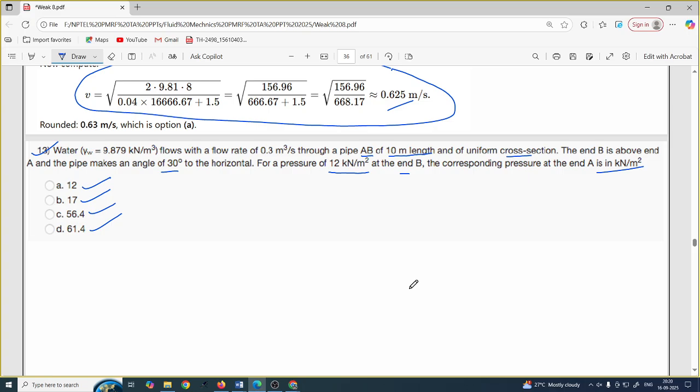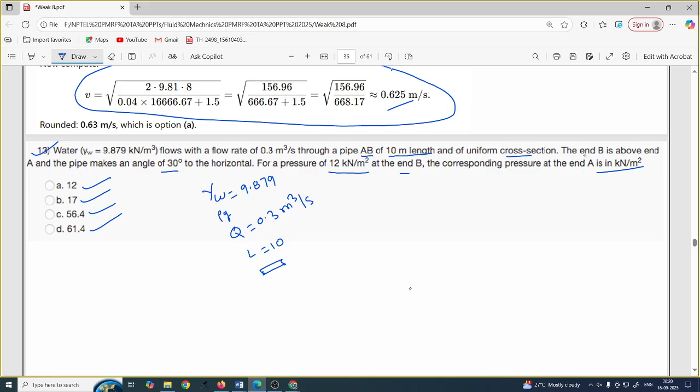So let us discuss. You have gamma w as 9.879, which is nothing but rho into g. Flow rate means the discharge is 0.3 meter cube per second, and you have one pipe AB with length 10 meter and uniform cross section. That is, the cross section is uniform throughout the length.